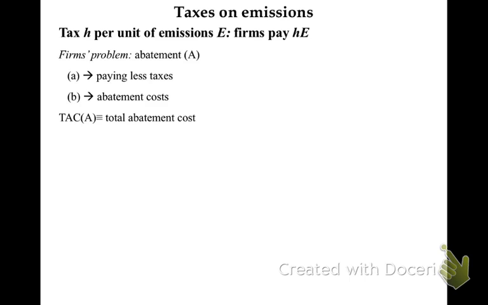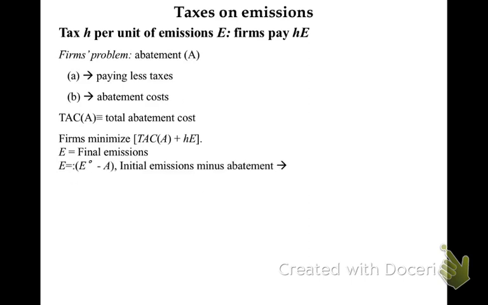So we can define the total abatement cost. We have some kind of function, and the firms will minimize the sum of the total abatement cost, which is a function of the amount of the abatements, plus the taxes, H times E, where E is the final level of emissions.